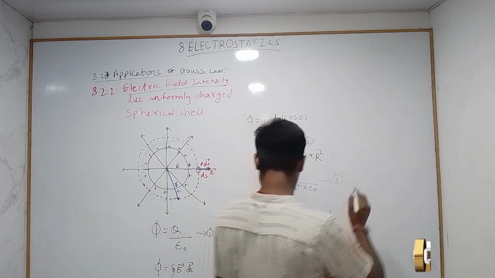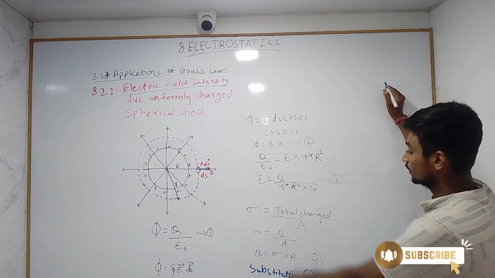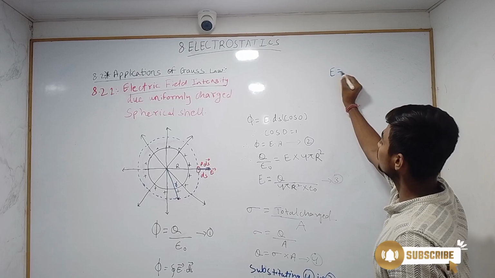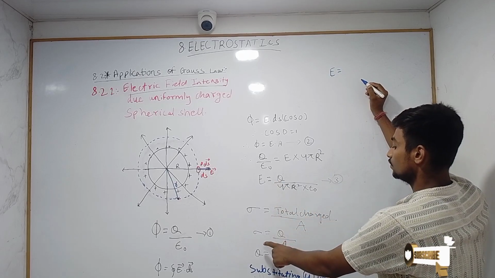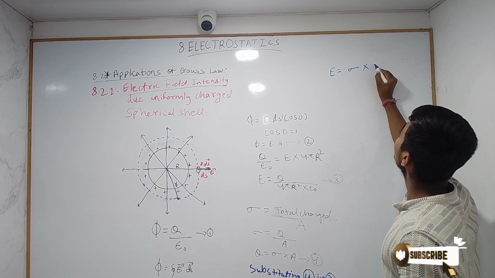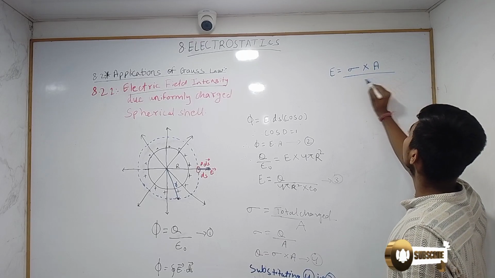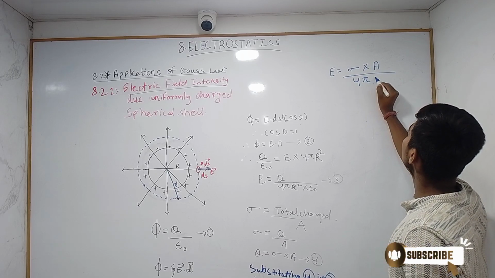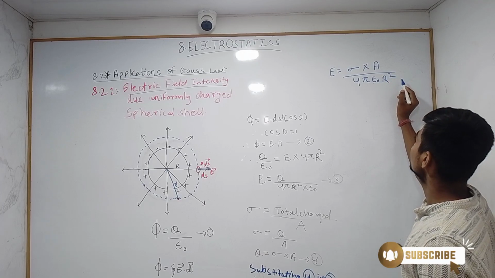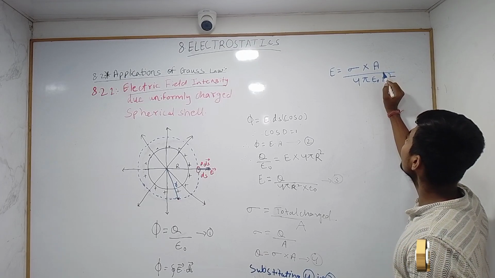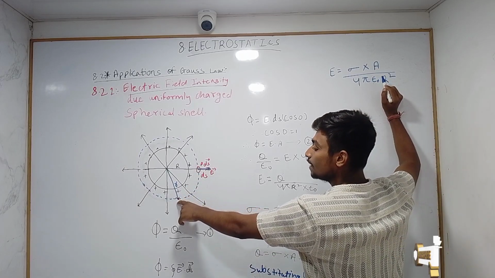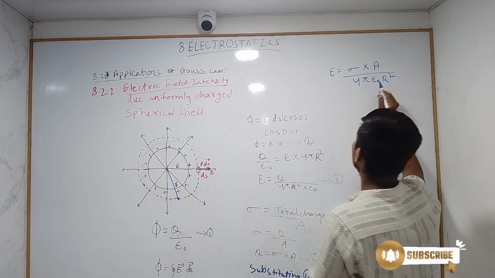We get E is nothing but, with Q equal to sigma into A, sigma into A upon 4 pi epsilon naught R square. What is the formula for A? This is the imaginary point, it's small r.